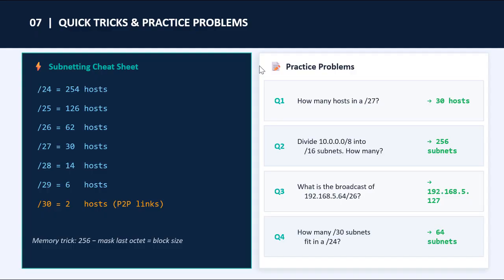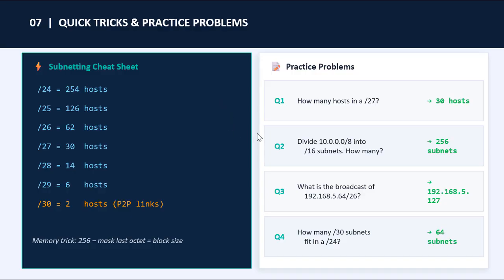Alright, let's arm you with some quick tools for exam day. Cheat sheet on the left, just memorize this. /24 means 254, /25 means 126, /26 is 62, /27 is 30, /28 is 14, /29 is 6, and /30 is 2. Now let's run through the practice problems on the right.